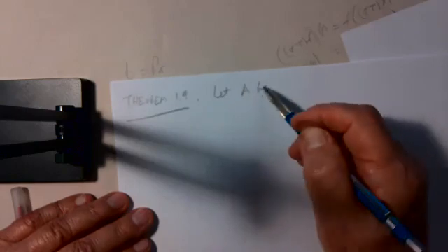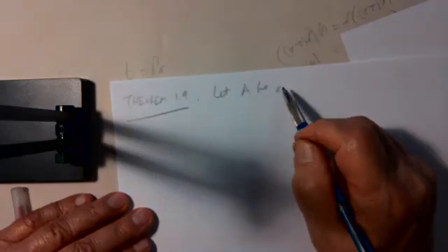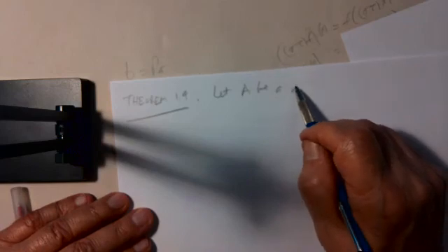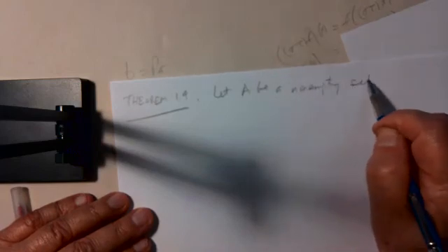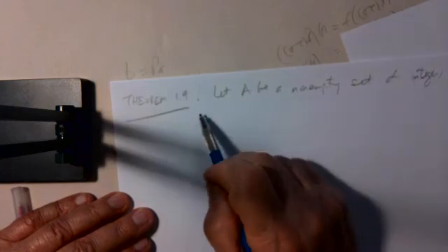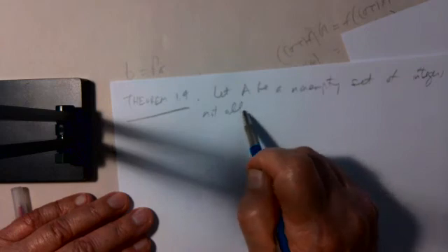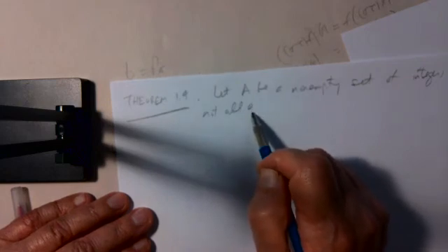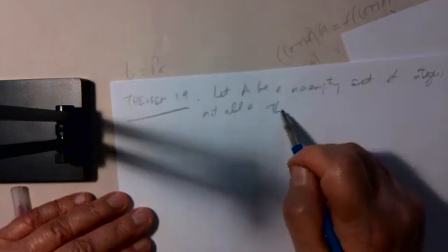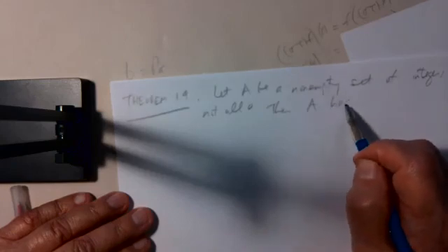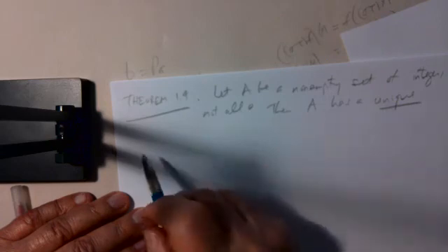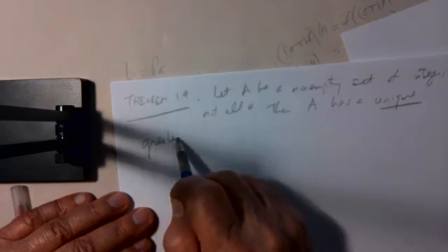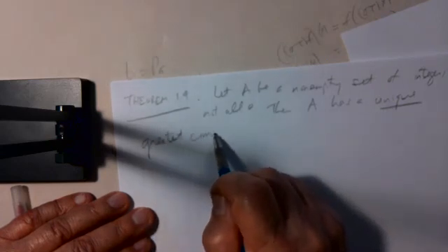It says let A be a non-empty set of integers, not all 0, then A has a unique greatest common divisor.